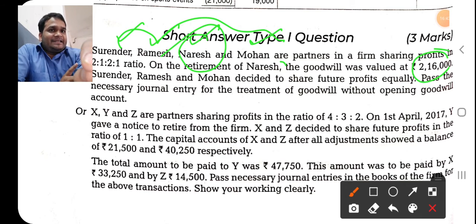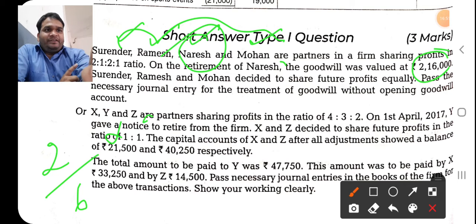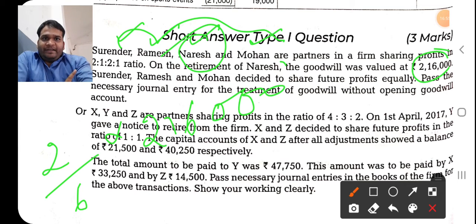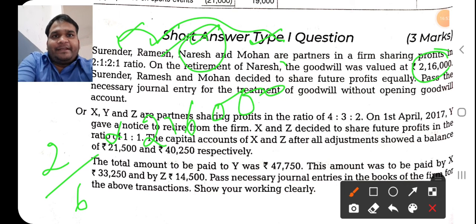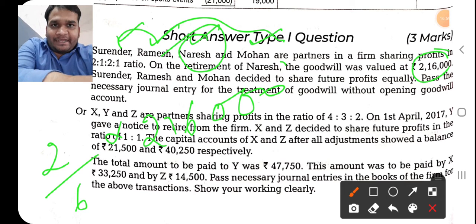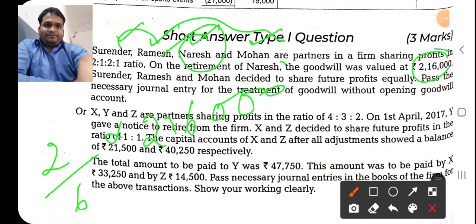Naresh's share in this case will be 2 upon 2 plus 1 plus 1, 5 plus 1, 6. So we will calculate the amount of goodwill being paid to Naresh, and whatever amount we get will be borne by the continuing partners in the gaining ratio.